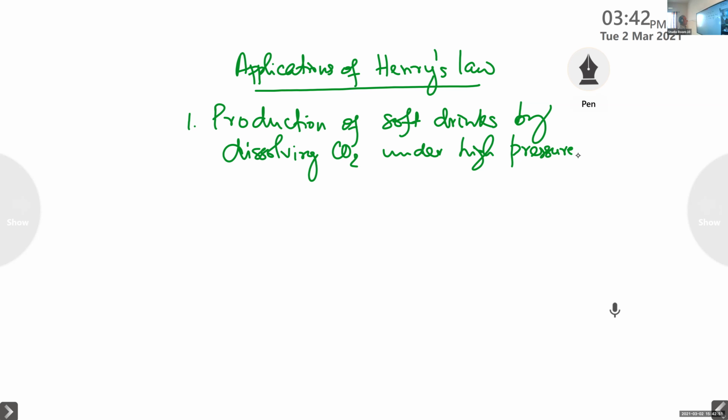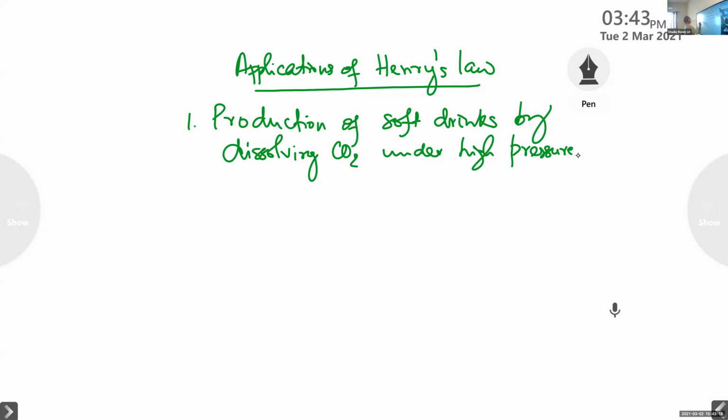That means the solubility of carbon dioxide increases. So it's a direct application of Henry's law: dissolving carbon dioxide in water under high pressure. When high pressure is applied, the solubility of carbon dioxide increases. That is the use of applying high pressure.